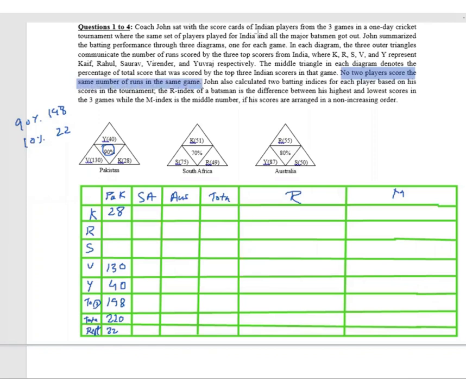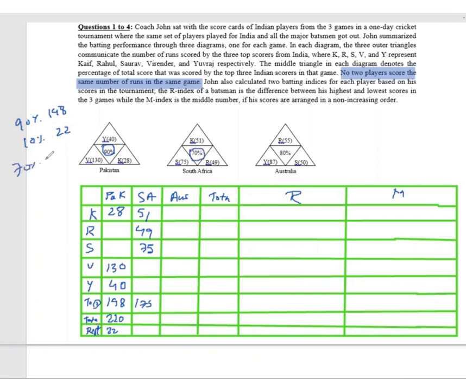What next? South Africa. K 51, S 75, R 49. Their total is 175, which is 70%.